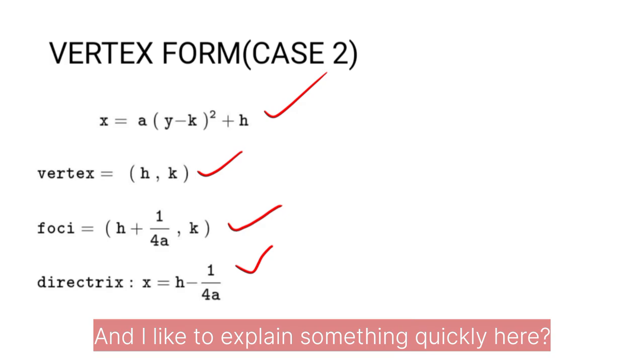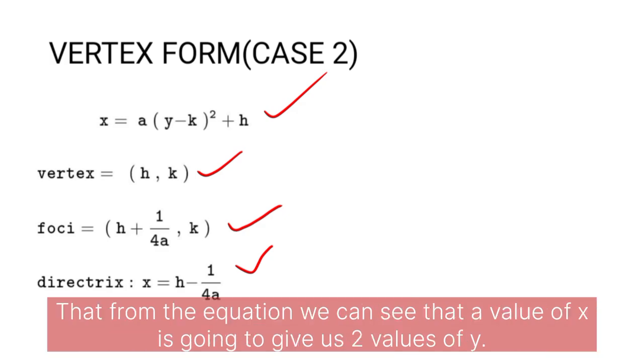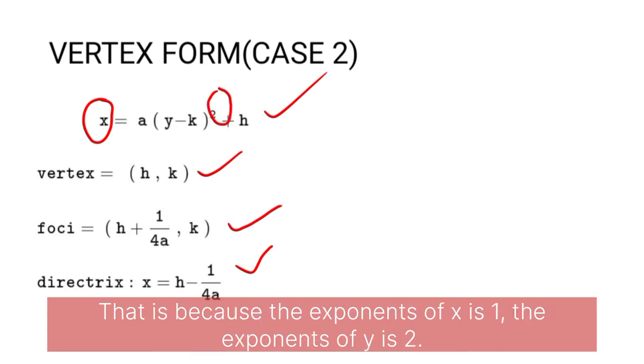Okay, I'd like to explain something quickly here. From the equation we can see that a value of x is going to give us 2 values of y. That's because the exponent of x is 1 and the exponent of y is 2.